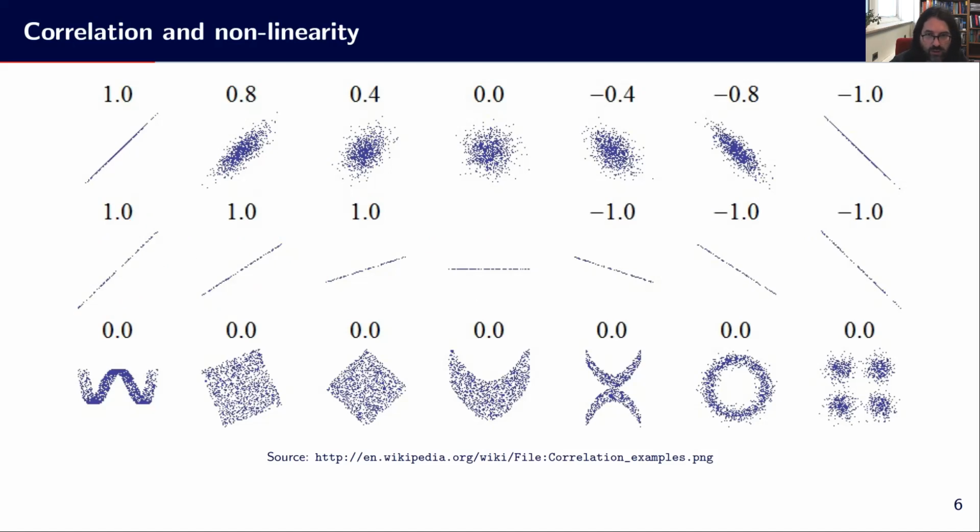We can see on the lowest row cases where the correlation is nil. So we have a 0 correlation, but these are clearly not independent variables. We have different patterns, but it boils down to a 0 correlation measurement. So when we say 0 correlation doesn't mean independence, these are good examples. In these 2D distributions over variables 1 and 2, there is clearly no independence. They are dependent, so these two variables are related, but not in a linear way, and in such a way that the correlation is 0.